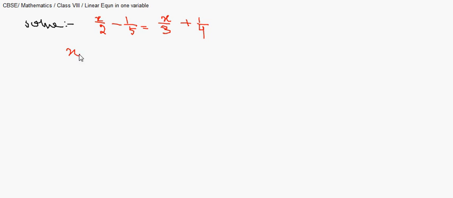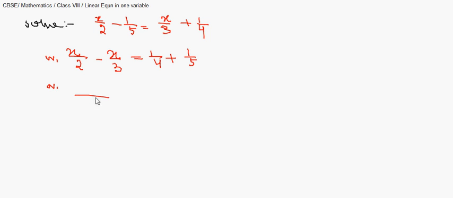That means I'll keep the variables on one and the constants on the other, thereby making 1 by 5, which was negative, positive when we changed side. Now there are two ways of doing this. Either you take LCM or you can give it a common denominator. The basic understanding though remains same.